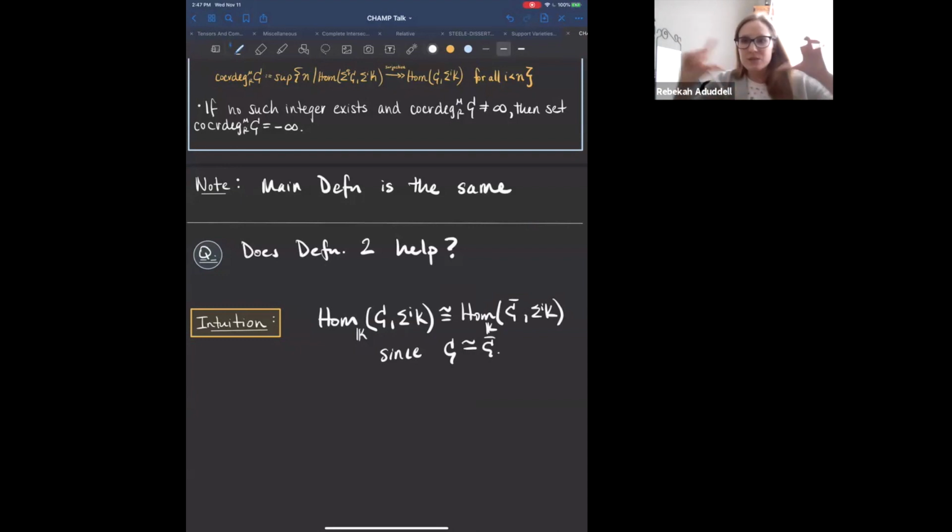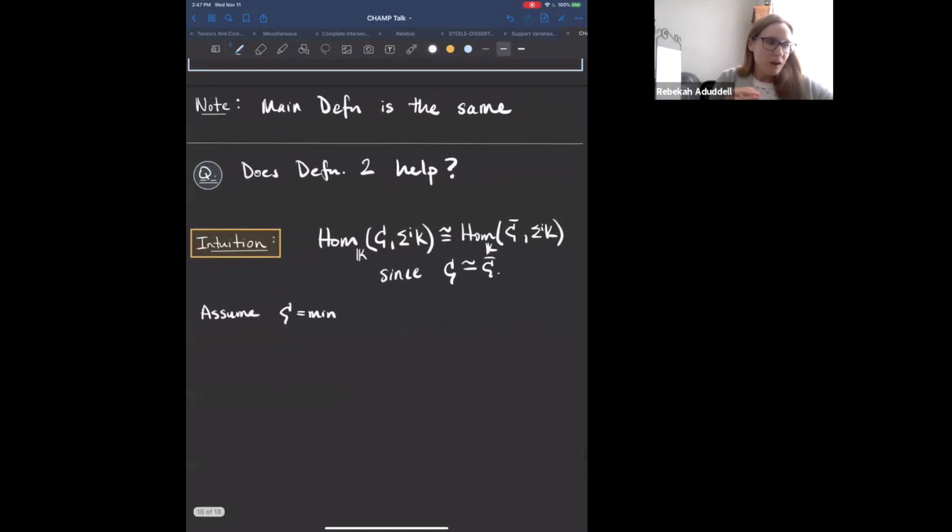This is why it doesn't matter whether we start with a non-minimal complex, and we don't need to know what the minimal one is in this definition. So let's just assume C is minimal, so I don't have to keep writing the bar notation.